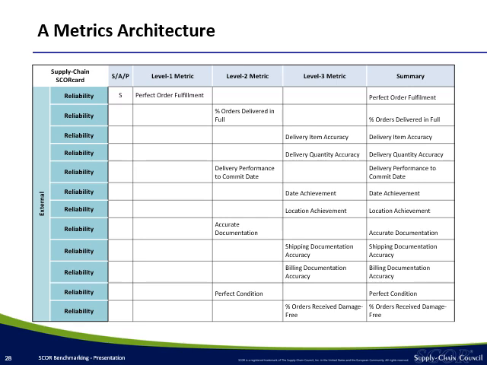So back to the example that I gave you before. I told you before when we formed the strategy that there is a company that needs to be superior in reliability. What we need to do is, first we go into the first part of the metrics.